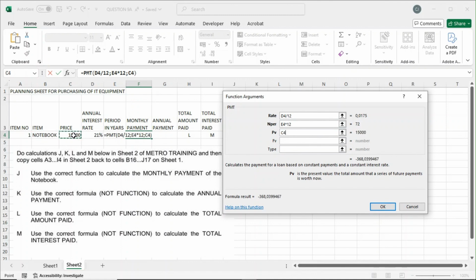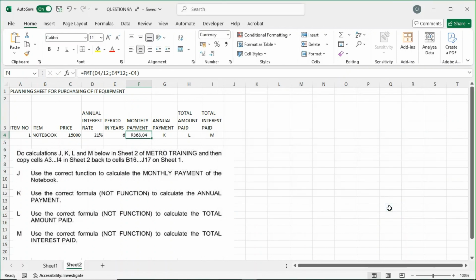To get a positive sum, you're going to place the minus in front. Then we say okay, and that is our monthly payment on this price.